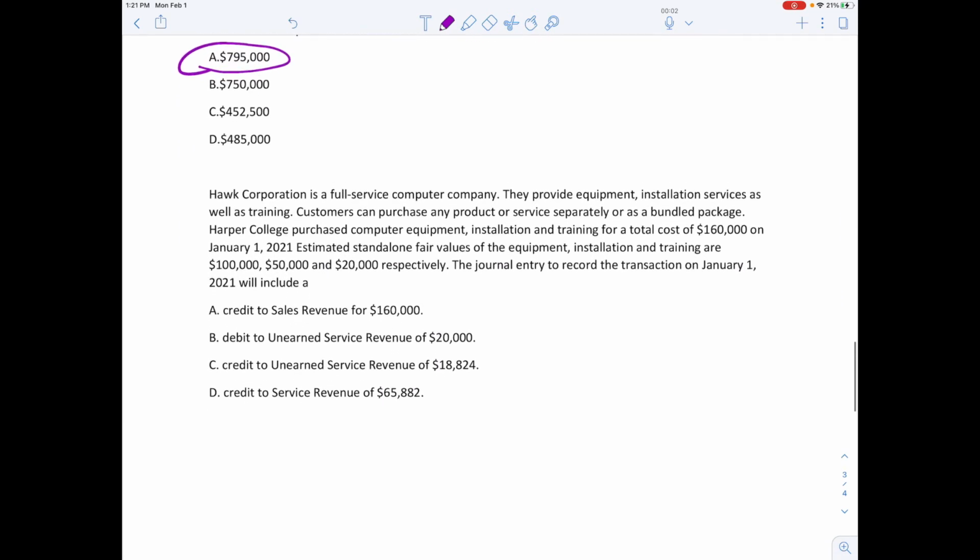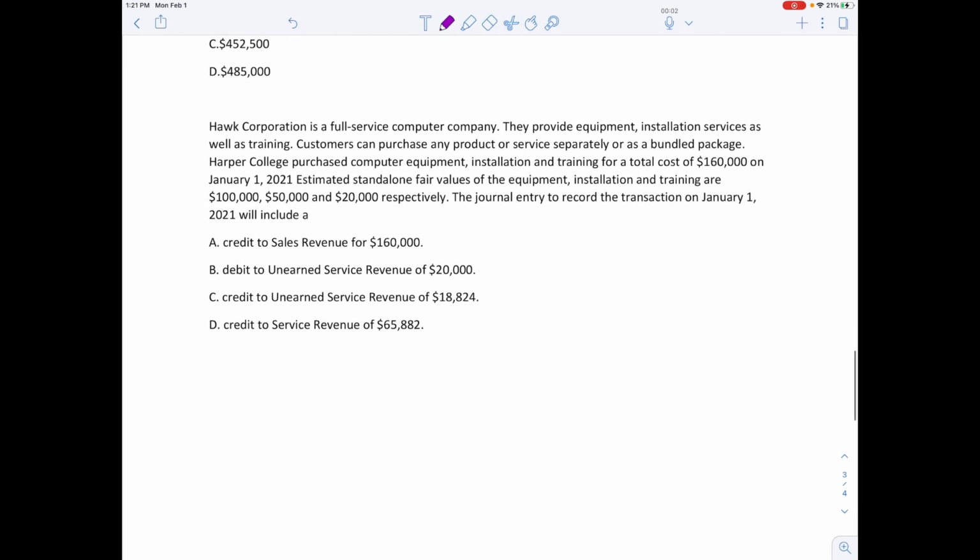All right, let's look at another one. This one, again, just like that second homework problem we did, talking about splitting out your transaction price between different obligations in the contract. This one's looking for the journal entry piece that goes with that. So not only knowing, do you know how to calculate this, but also how is it applied to those journal entries.